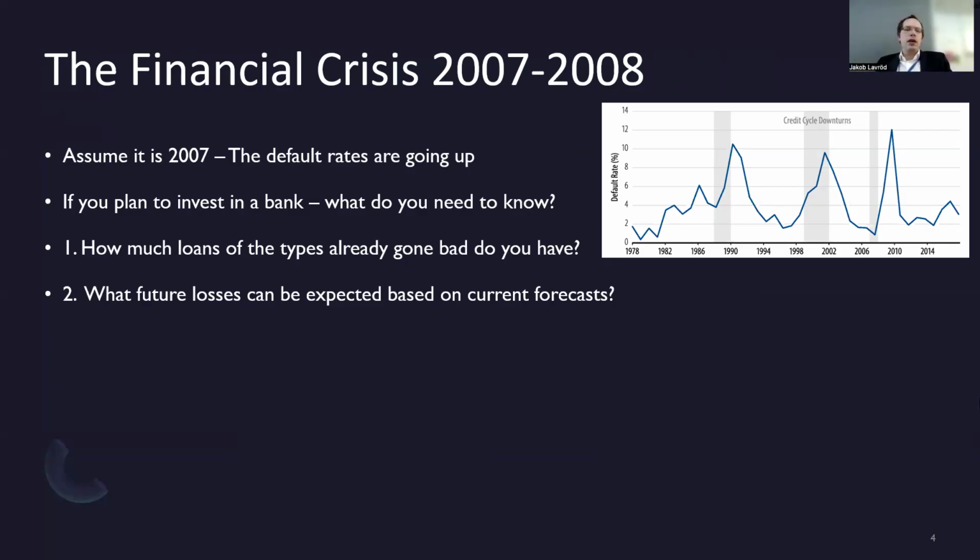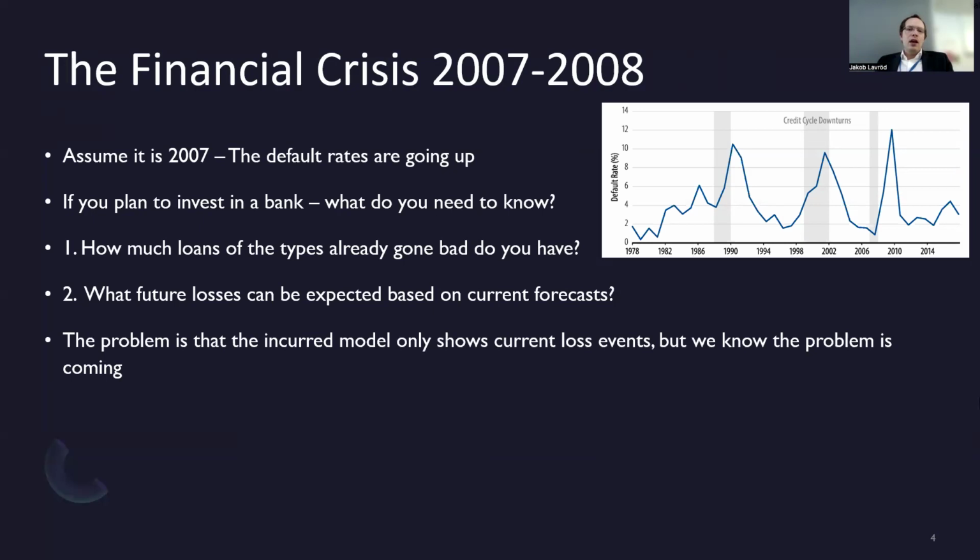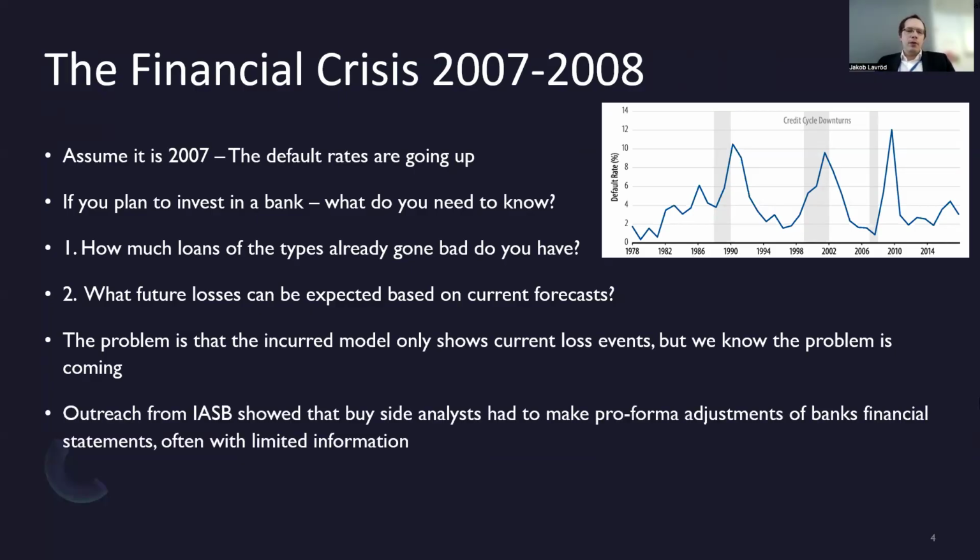And remember, in the old IAS 39 standard, there was no indication of this, because as long as the customer didn't default, you would not reflect anything of this in the lending standard. That meant you would only learn what has already gone really bad, but you don't get any forward-looking information.